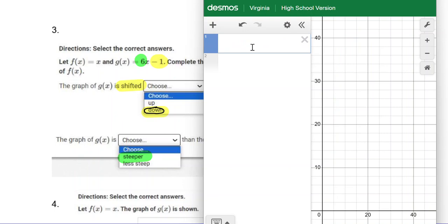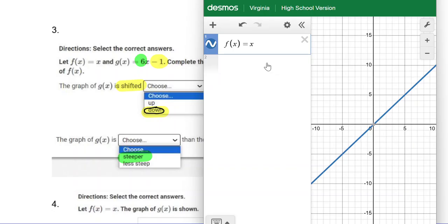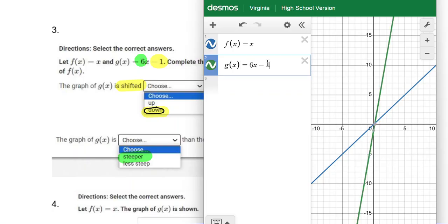So you have f of x equals x. There's my parent function. I'll go ahead and press the home button so I can get it back into normal view. And then you have g of x equals 6x minus 1. Yep, it's definitely steeper. See, it's going closer to the y-axis.